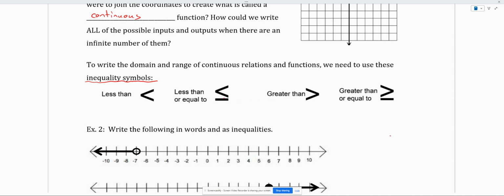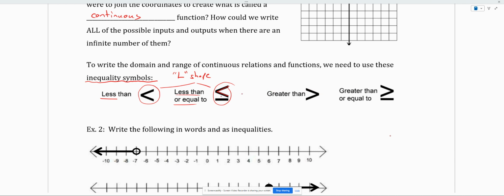And the absolute best way to remember this is that this one and this one have an L shape. So that tells you to say less than or equal to. And if it doesn't have the L type shape, kind of at an angle there, it's greater than.